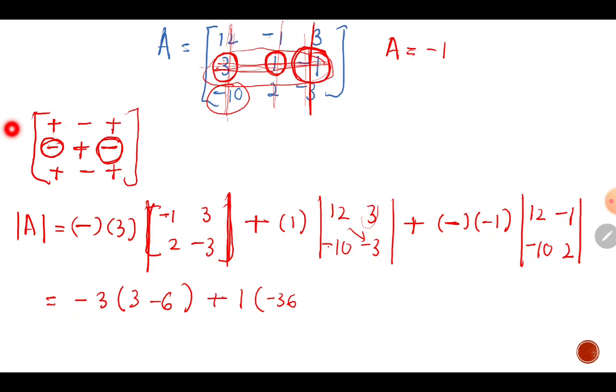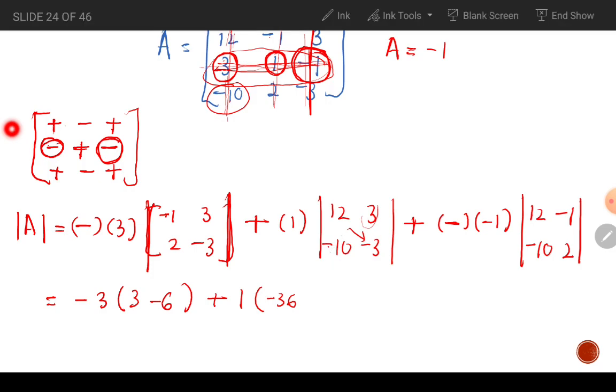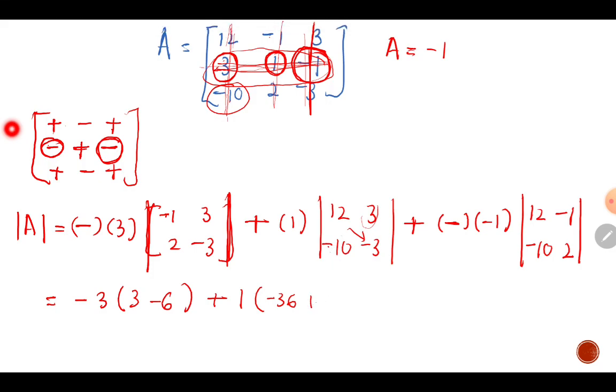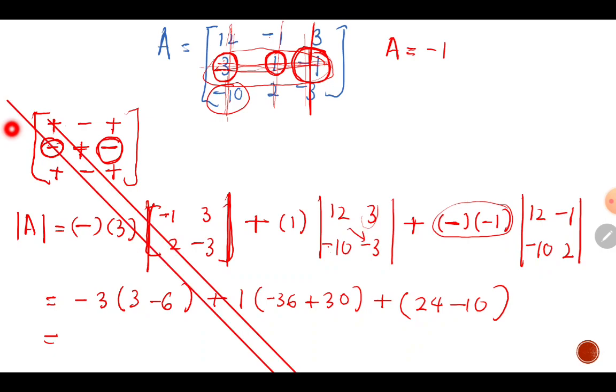Okay, 3 darab negatif 10 is negatif 30. Tolak. Ingat, so dia jadi tambah 30. And then kat sini dia jadi tambah kan. Yang ni tambah. And then 24 tolak dengan 10. So apa yang you dapat kat sini? Okay, negatif 3 darab dengan negatif 3.